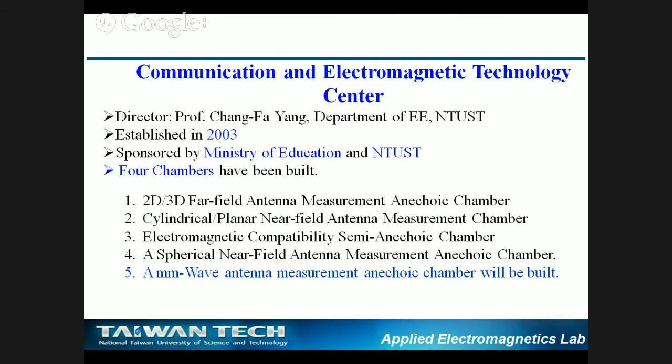We have an EMC chamber. We have a planar near field for high gain antennas, for example, base station antennas. So we have a planar near field anechoic chamber, and we will have a millimeter wave chamber this year, I think from 50 gigahertz to 100 gigahertz also. And this is our equipment.